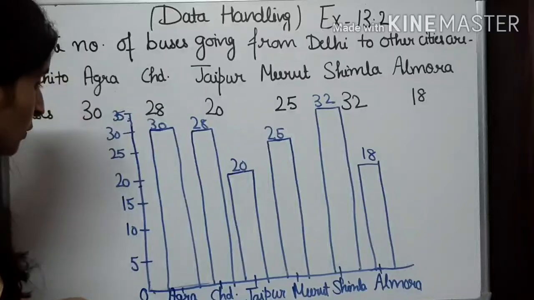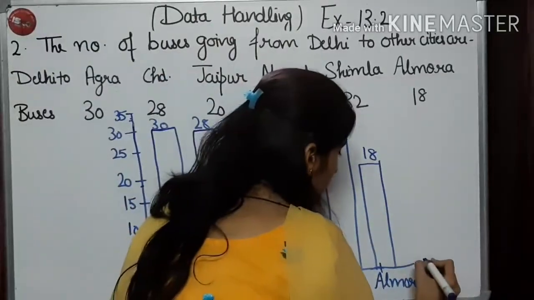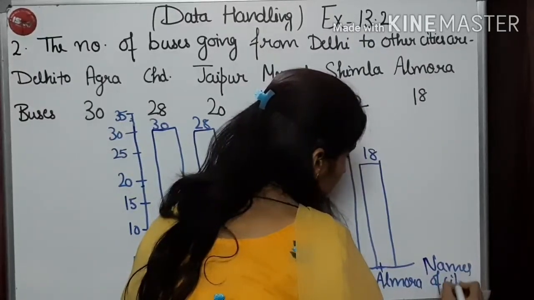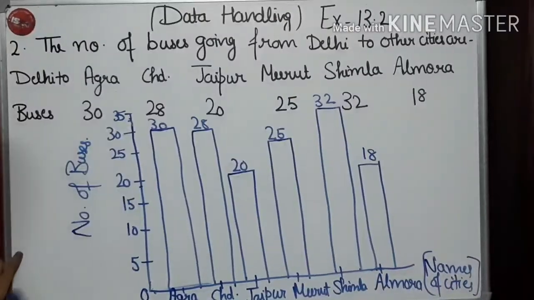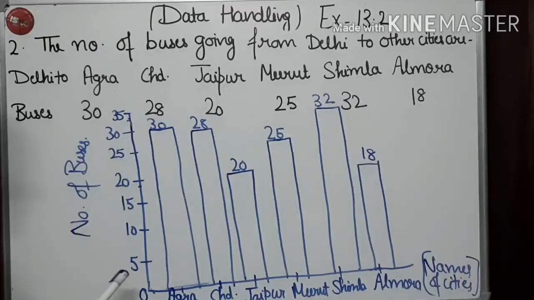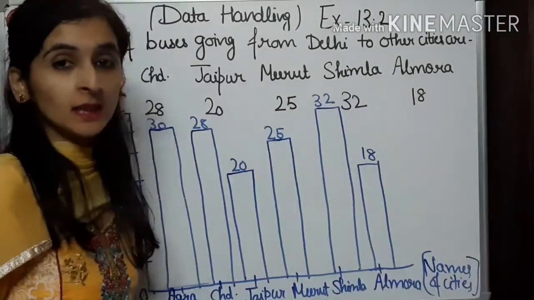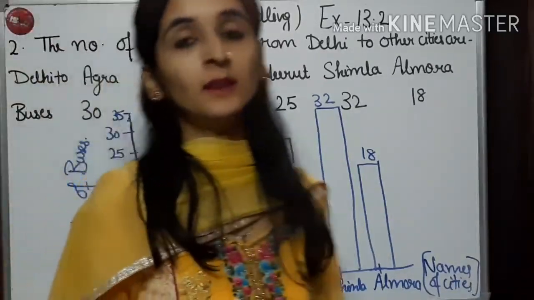Okay, so on the horizontal axis we have the names of cities and on the vertical axis we have the number of buses. So this was the solution of question number 2.